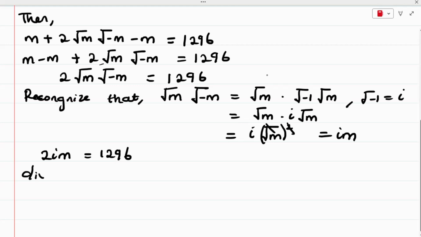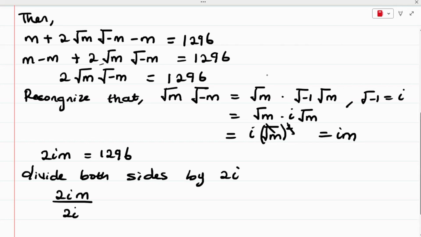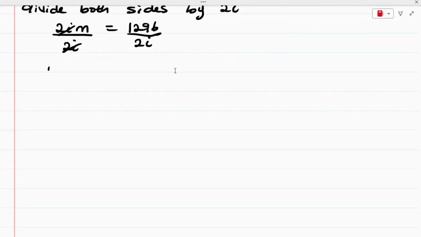1296. So the next thing we want to do is to simply divide both sides by 2i. So dividing both sides by 2i, we have 2im over 2i is equal to 1296 divided by 2i. So this is going to cancel out this, and from here we have that m is equal to 1296 over 2i.